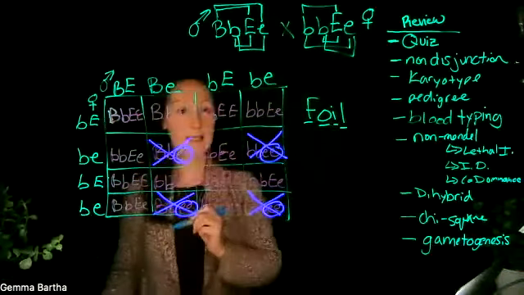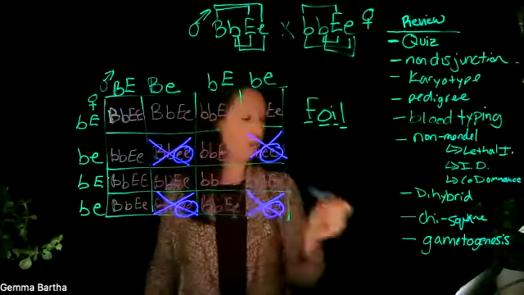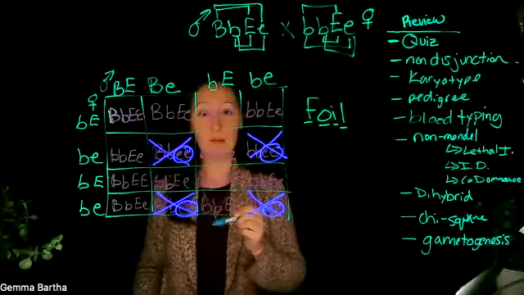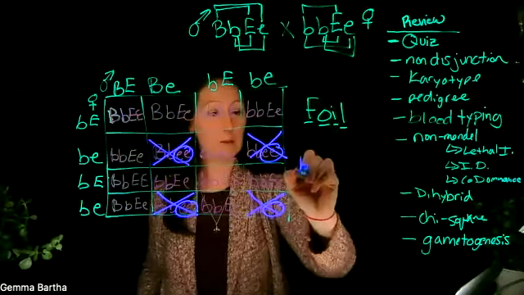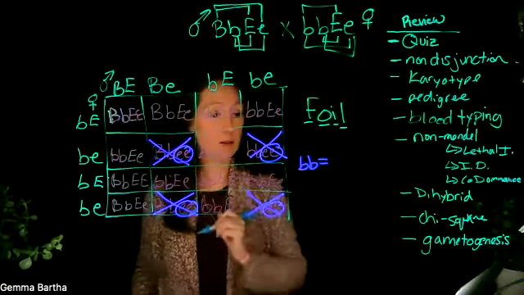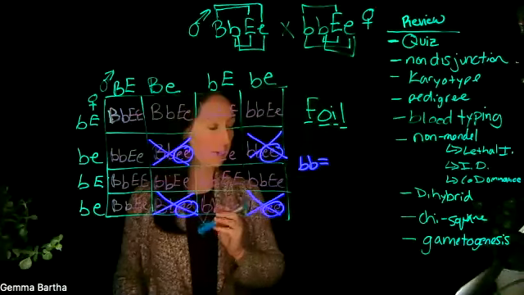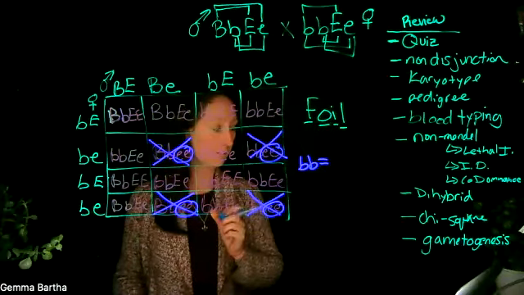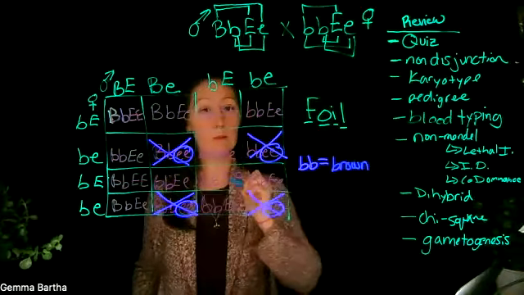Okay. Next. We know from our previous example that little b equals what? What color is little b? Brown. We almost got a brown lab.